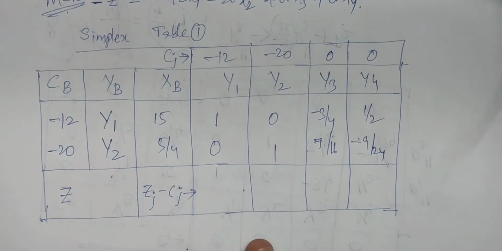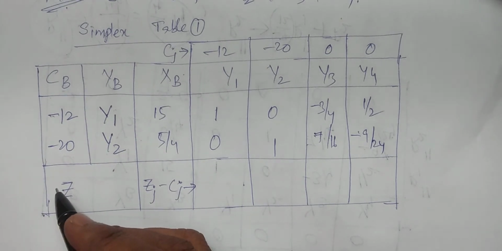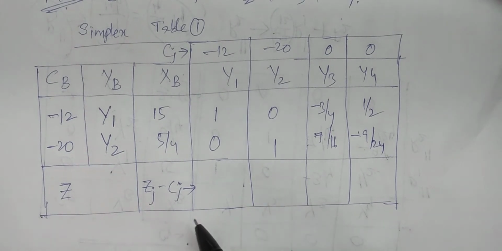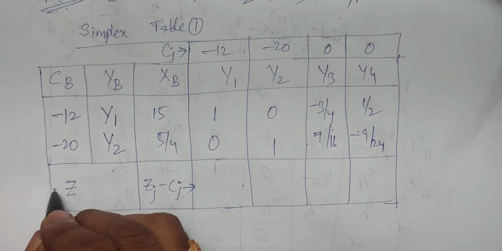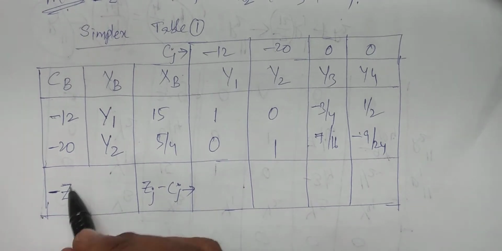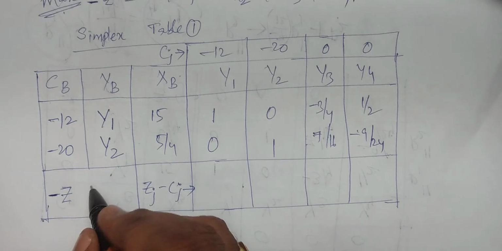This is the change from simplex table 3 at the end of phase 1. So it is minus Z, because we are doing maximize; that is a minimum problem, hence maximum is minus Z.